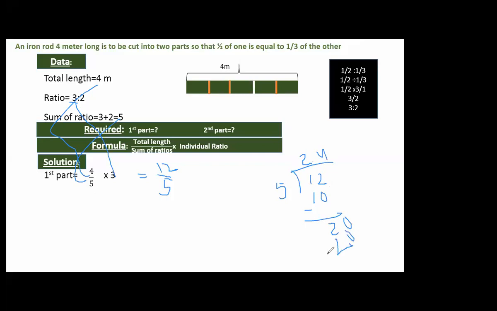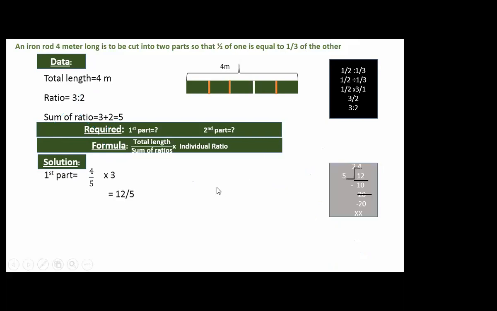So here I get the answer 2.4. What is 2.4? Is it rupees? No. I have to write the unit: 2.4 meters. When the length in the question is in meters, your answer will be in meters also. Clear?